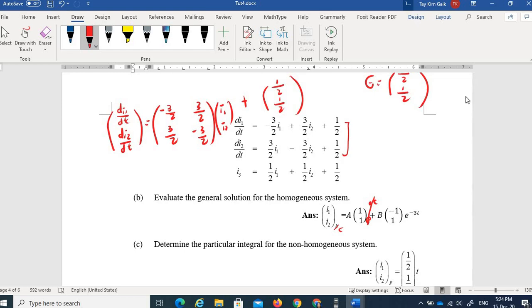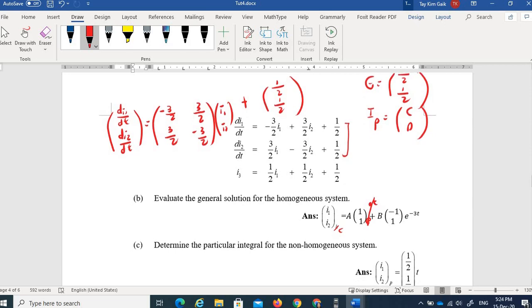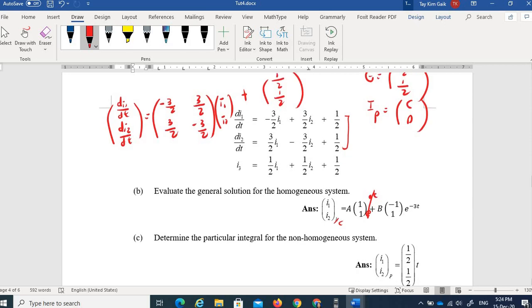Then you choose your IP as C and D, because you choose IP based on your vector G, which is half and half. After you choose C and D, you have to check whether the IP clashes with the IC.